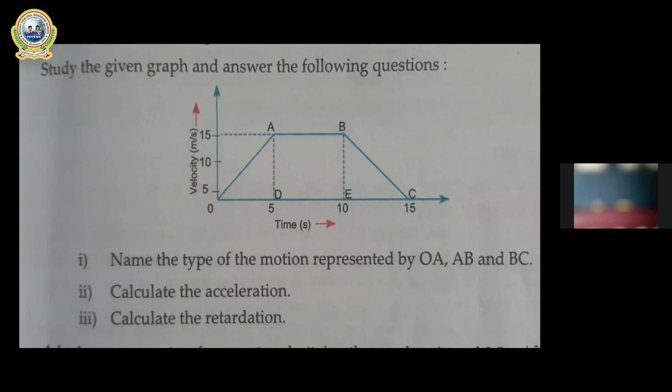The graph is between velocity and time, by which we can analyze the acceleration of a body. And let me tell you, class 9, we can calculate the acceleration of a body either by the analytical method or the graphical method.